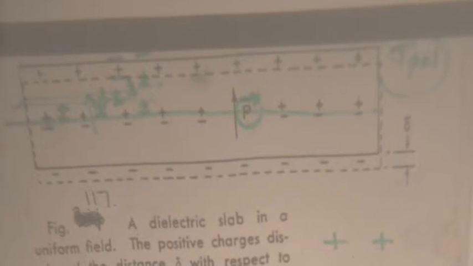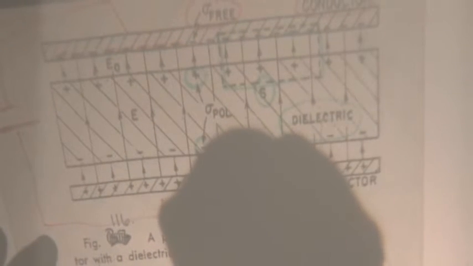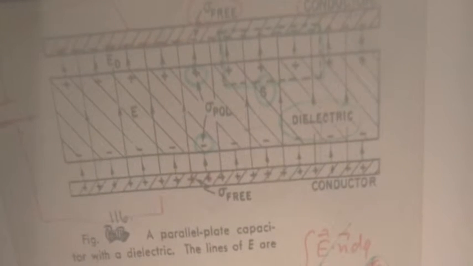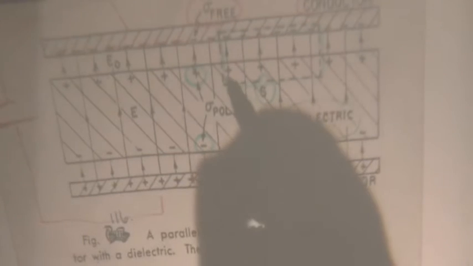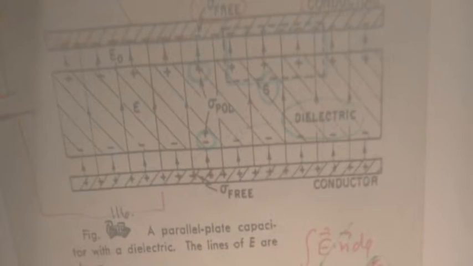And that's what is illustrated back here in figure 16, that these sigma pol exist on the surface of the dielectric. And so you see, it's not that sigma pol completely cancels sigma free. It's by no means true. The field doesn't go to zero. It's not cancelled out. It's only reduced. This number isn't infinite. It's a finite number.